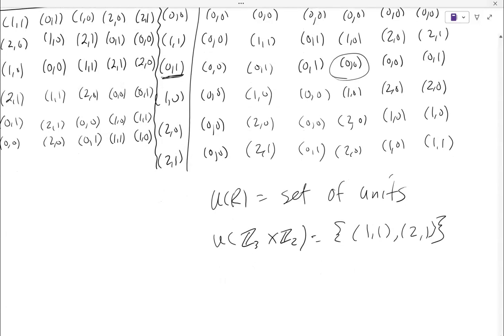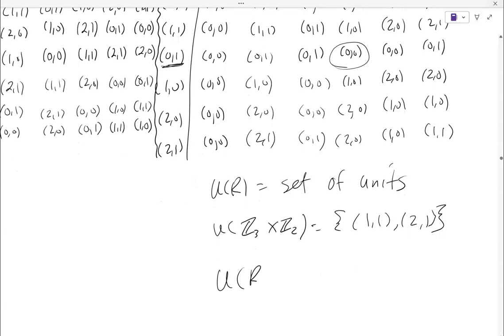So if I write it this way, that's true in general. I can take the units of the first ring and do the direct product with the units of the second ring. And then I get the units of the direct product.